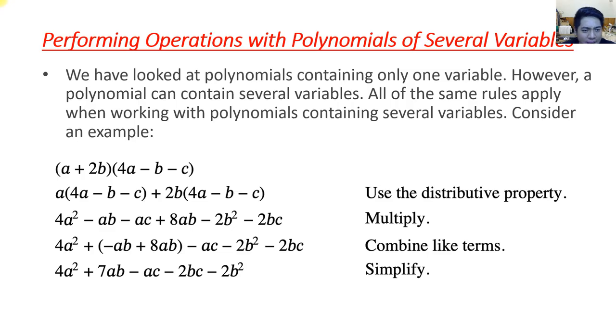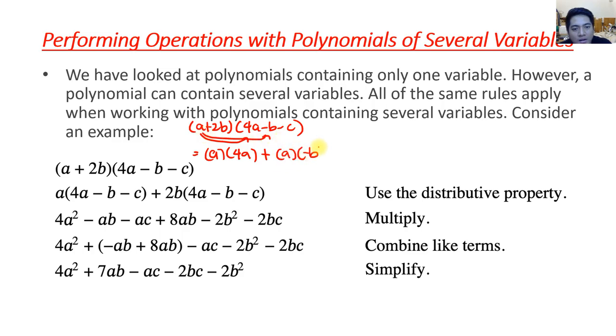So take a look at this example. We have a plus 2b times 4a minus b minus c. Distributive, so still distribute. You have a times 4a, plus a times negative b, plus a times negative c.